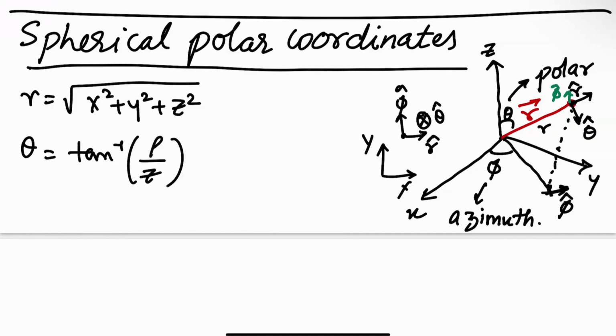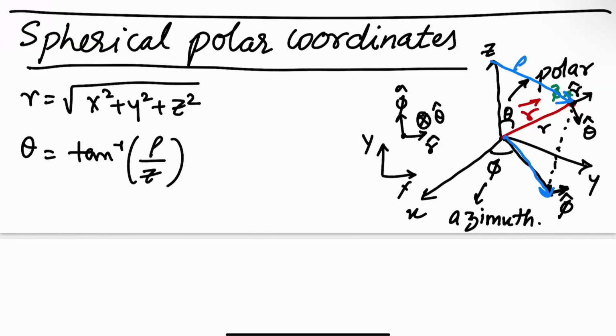Let's use a different color. This line that I've drawn here, if I translate it up, it would basically be this line, and the length of that is nothing but rho.